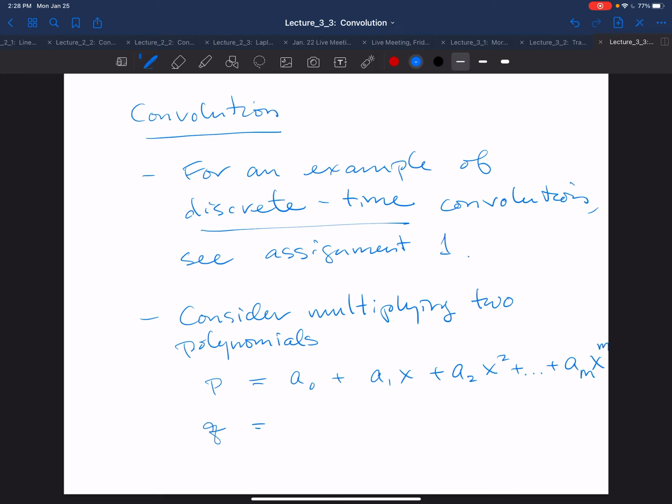And another polynomial Q is B0 plus B1 x plus B2 x squared, and so forth up to Bn x to the n.